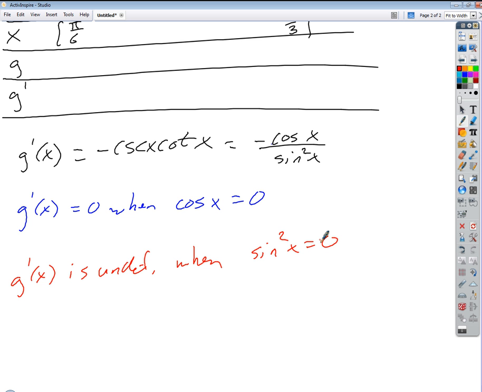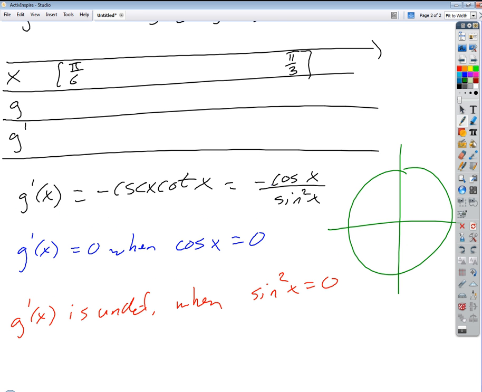So where do those things happen? Cosine x equals 0. This is really a unit circle question. Cosine is the x coordinate on the unit circle. So pi over 2, 3 pi over 2, etc. There are infinitely many possibilities, but remember our domain is pi over 6 to pi over 3.